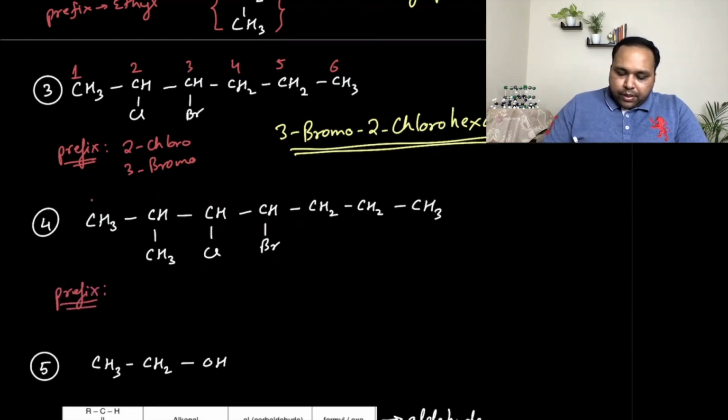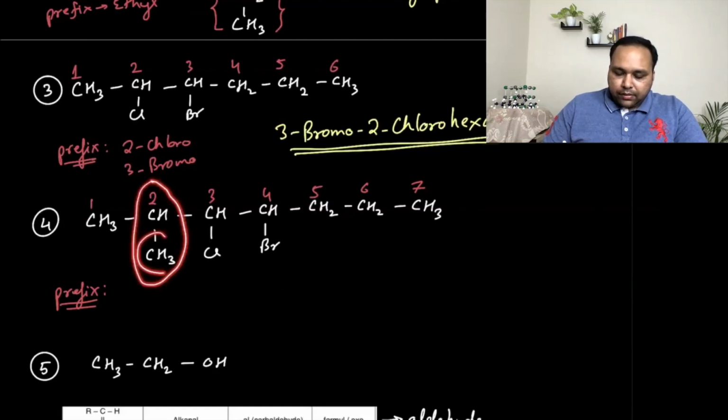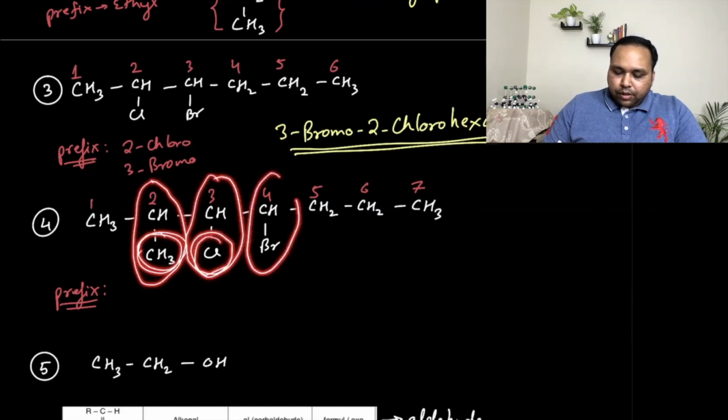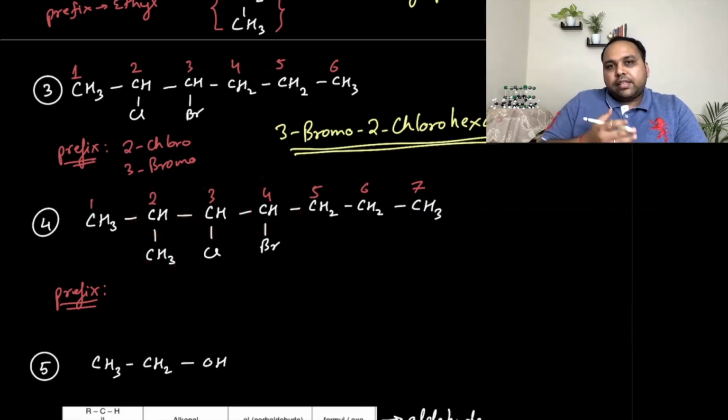So you have numbering 1, 2, 3, 4, 5, 6, 7. Now look, at second position, you have methyl, a single carbon here as a substituent. At third position, you have chloro. And at fourth position, you have bromo, right? So let's write the prefixes and then let's write this example in detail, writing all the prefixes, word root and suffix.